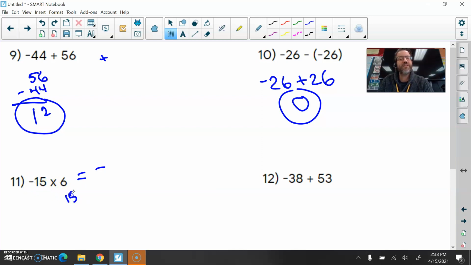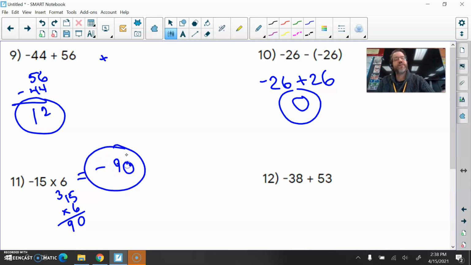So 15 times 6. 6 times 5 is 30, carry the 3. 6 times 1 is 6, add 3, that's 9. So we have 90, but remember, it's negative. We have to be so careful with our signs. Negative 90.